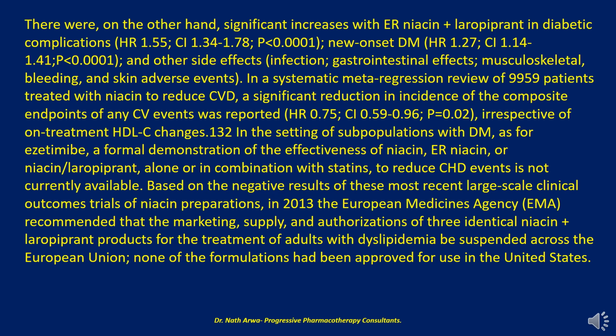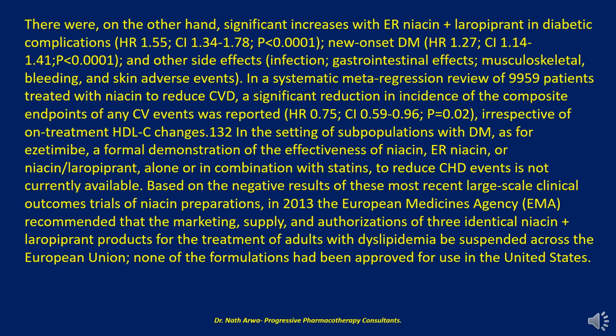There were, on the other hand, significant increases with niacin plus laropiprant in diabetic complications, hazard ratio 1.55, with a 95% confidence interval of 1.34 to 1.78, with a p-value less than 0.0001.